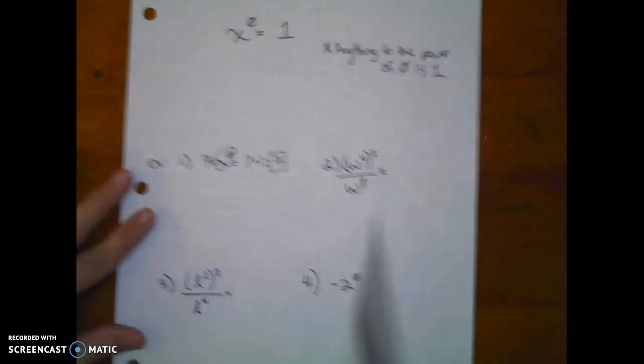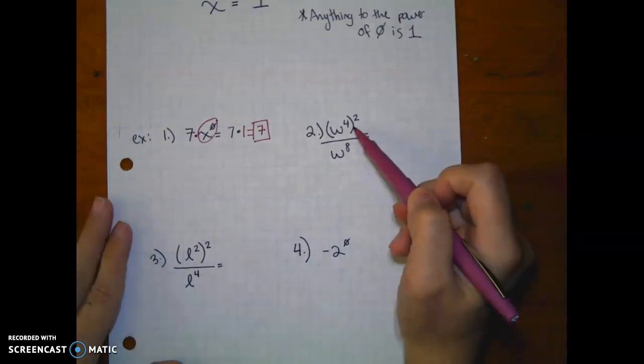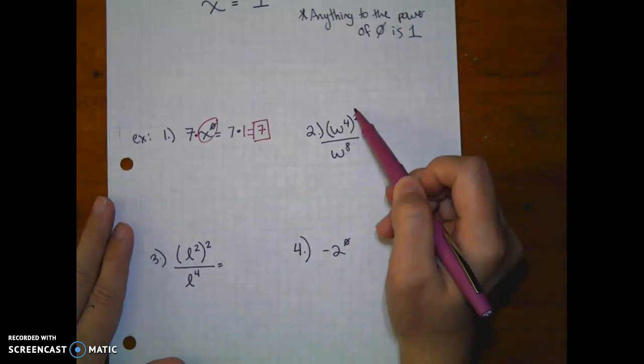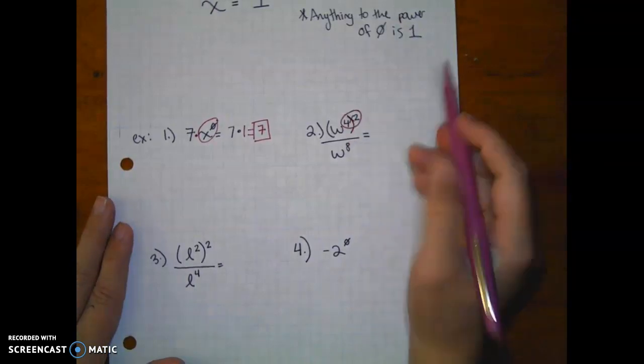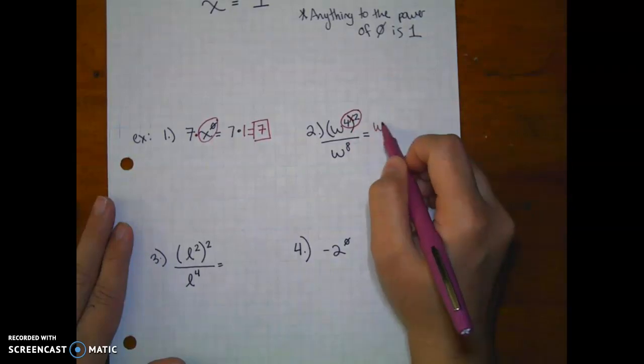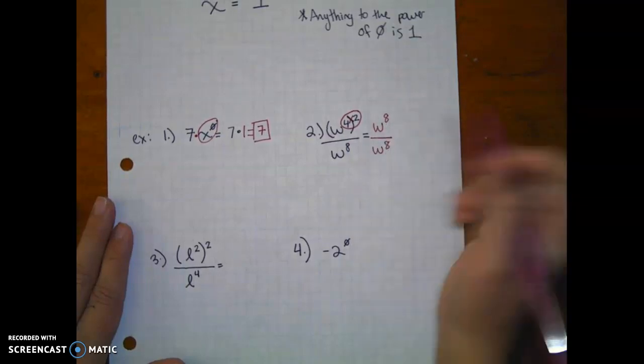Let's try the next one. If you can remember from the other rules that you learned recently, anytime there's parentheses with an exponent on the inside and an exponent on the outside, you are going to multiply them. So I have on top W, 4 times 2 is 8, over W to the 8.